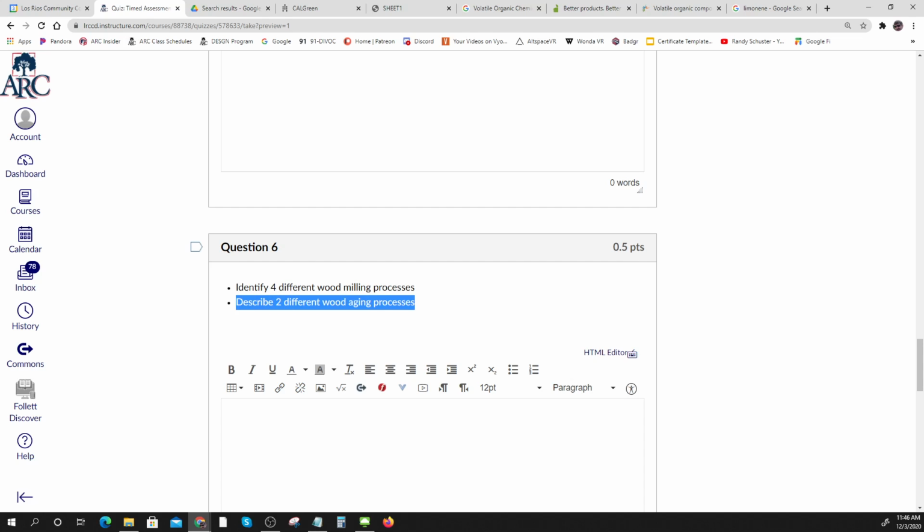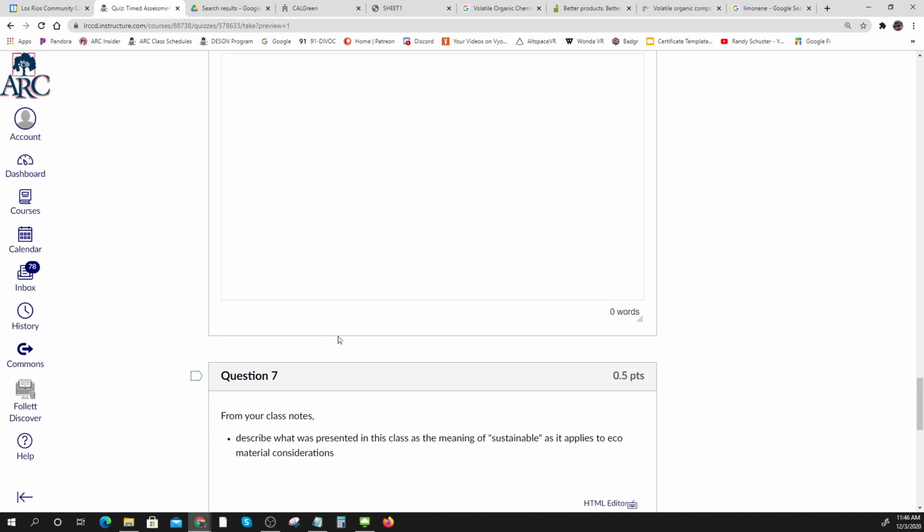Well, right off the top, there's air and kiln dried. So those are 2 of the most common ones, air and kiln dried, and describe them. Air dried is left in the open atmosphere for a certain amount of time to get to a certain percent of moisture in the wood. Kiln drying is doing a good job with that.